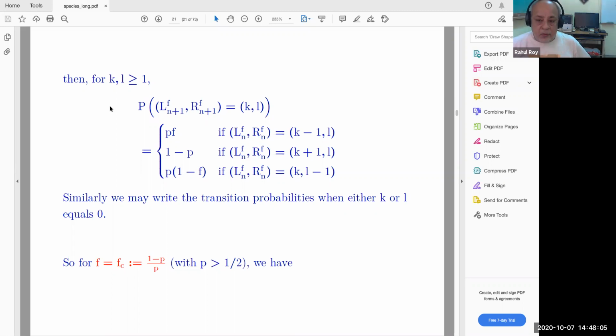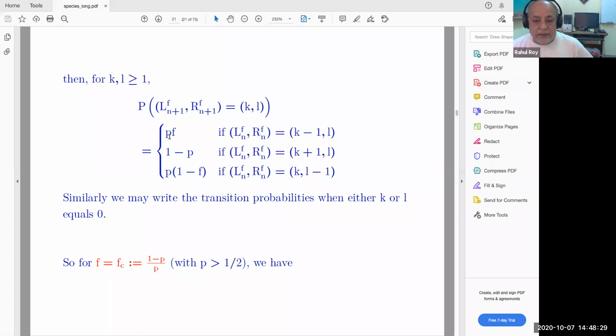So with probability 1 minus p there is a death, and then (Ln, Rn) will become (k minus 1, L). Sorry, this is wrong here.